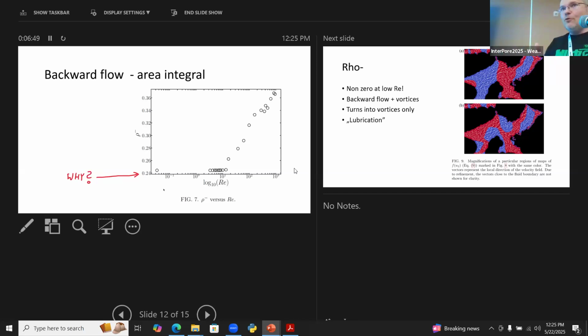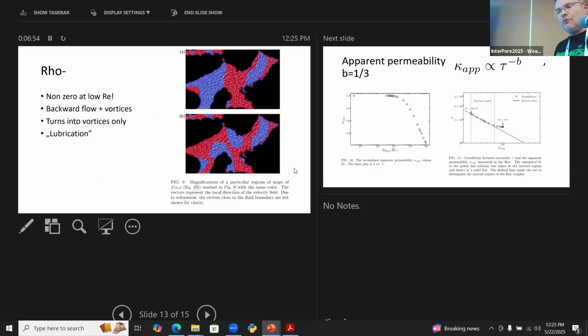But then we looked more deeply into rho minus by looking at the maps of the velocity fields and the rho minus map. On this figure, at the top, you have a low Reynolds number. At the bottom, you have a high Reynolds number. The velocity is velocity, everyone knows. But rho minus, the colors, tells you whether the flow goes in the streamwise direction or in the opposite direction.